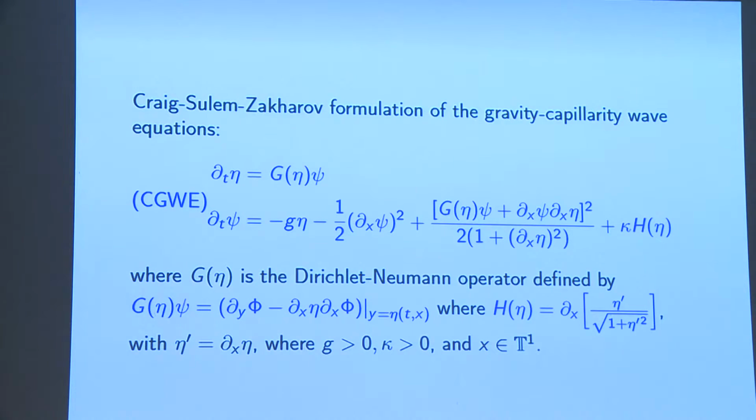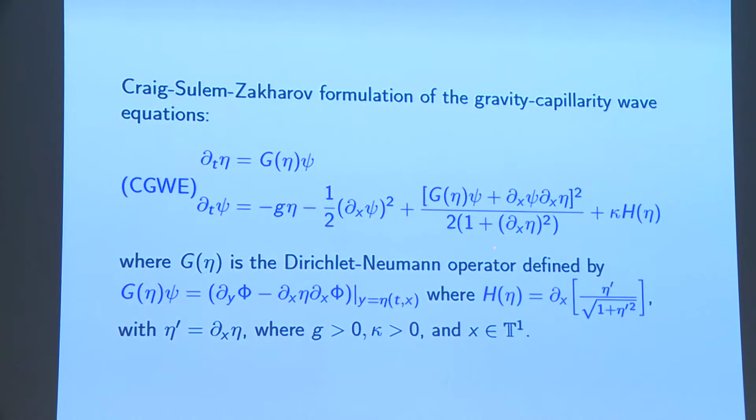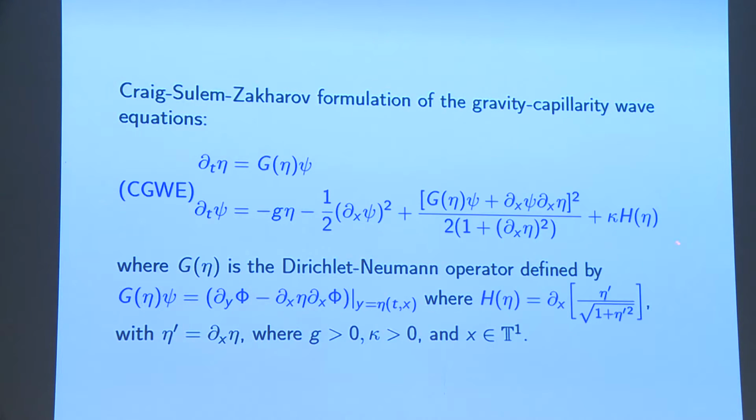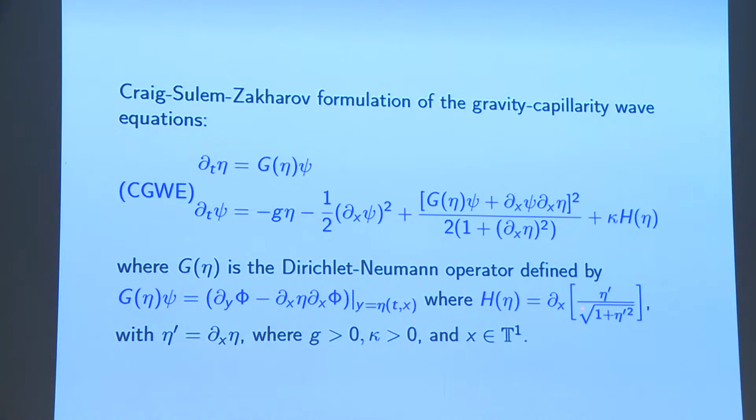The second equation says that dt psi is given by some complicated expression, say minus g eta minus 1/2 of dx psi to the square plus G of eta acting on psi plus dx psi dx eta to the square divided by twice 1 plus dx eta to the square, plus kappa H of eta, where H of eta is some explicit function, that is the derivative in x of eta prime over square root of 1 plus eta prime square, eta prime denoting just dx eta.